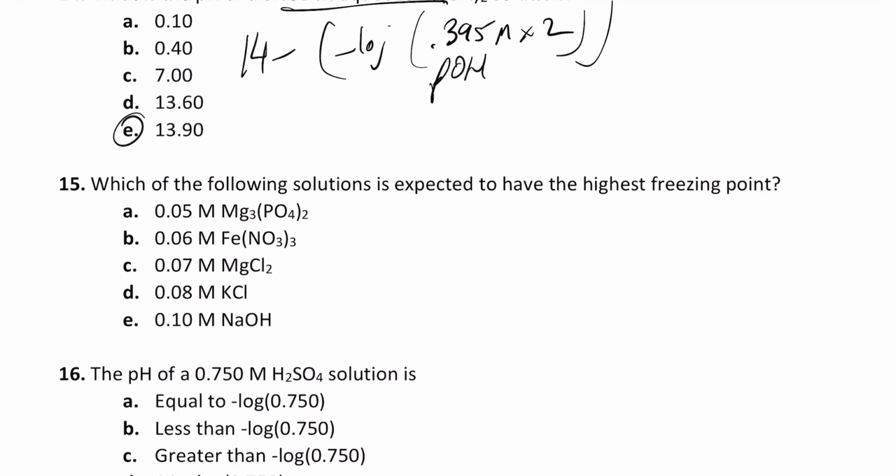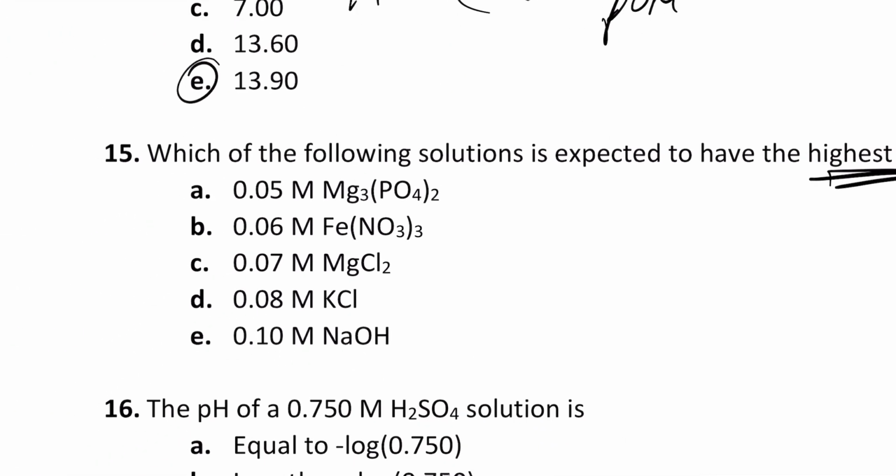Which of the following solutions is expected to have the highest freezing point? Right, so highest freezing point, this is a little tricky, right? Anytime you have colligative properties, you're adding ions to decrease the freezing point. So the highest freezing point has to have the lowest amount of ions present. So let's do this math, right? So 5 times 5 is 0.025, I believe. 0.05 times 5 is, yeah, 0.25.